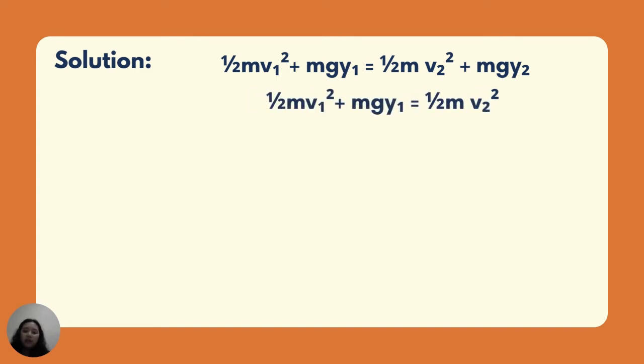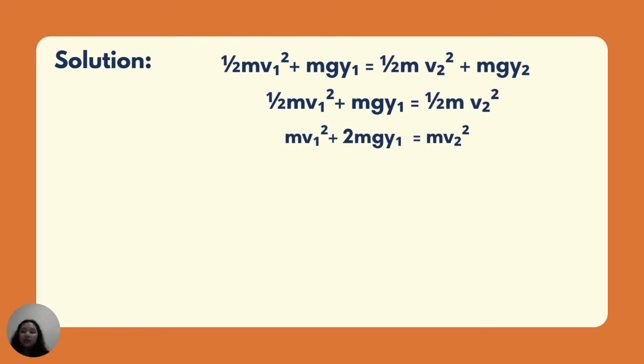Since we're looking for a speed, or v2, we need to rearrange our equation and we get 1/2 mv1 squared plus mgy1 is equal to 1/2 mv2 squared. We discard mgy2 since our y2, or our second height, is 0 at the ground, and if we multiply it with our mass and gravity, we also get 0.